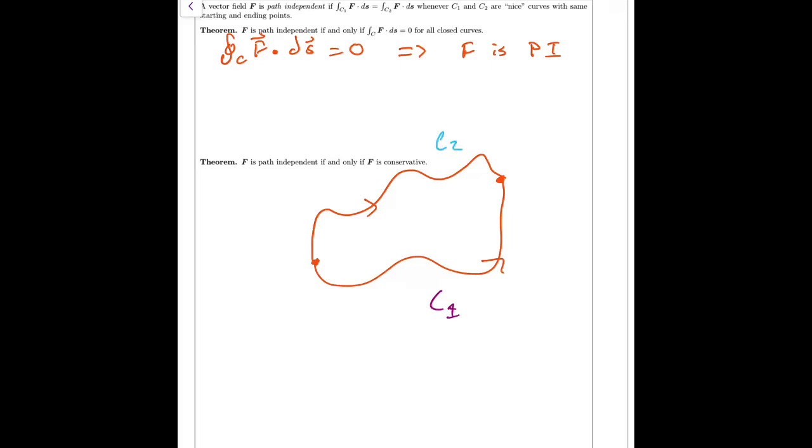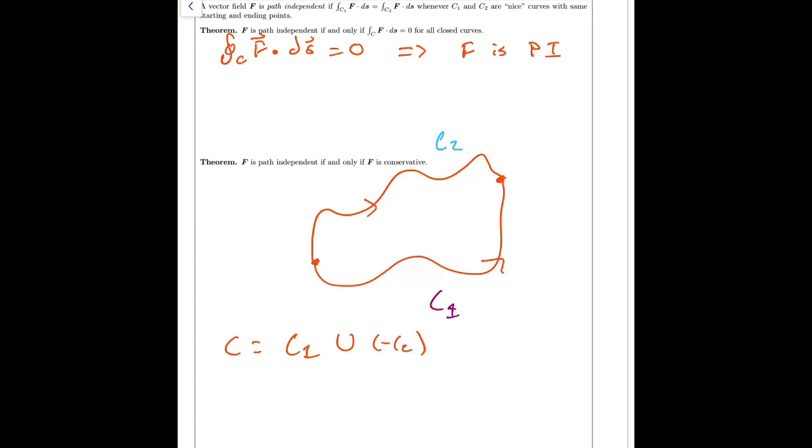Okay, so the thing that we know is that the line integral of f over every closed path is equal to 0. So now I'm basically going to make the opposite argument that I made in the previous video. So if C is equal, let me use orange, C is equal to C1 union minus C2.